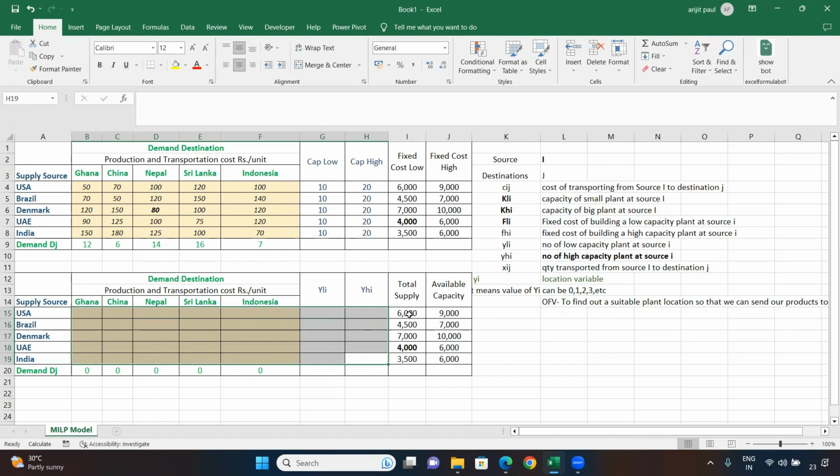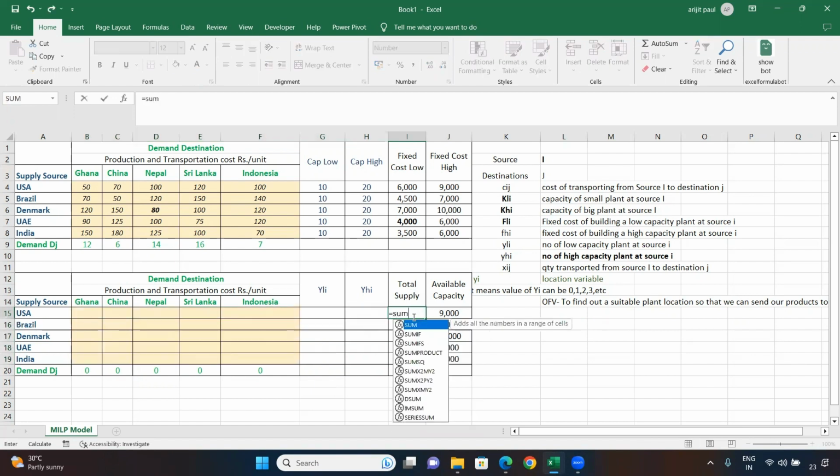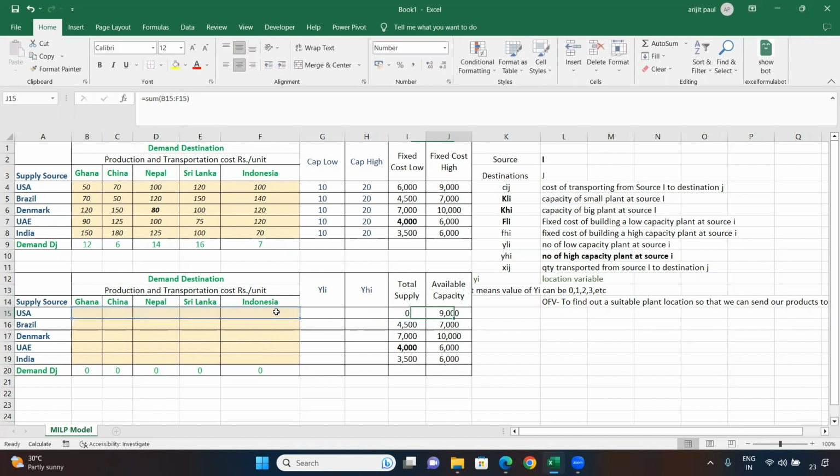Okay, now what is total supply? Total supply is nothing but the summation of the quantity that we are going to supply from source I to the destination J. That means summation of B15 to F15. Just copy this formula for the entire cell.